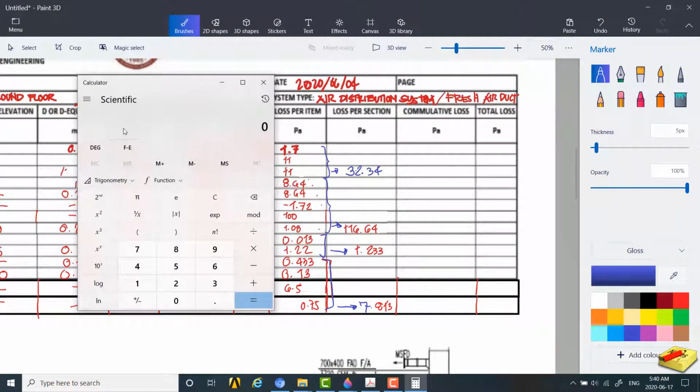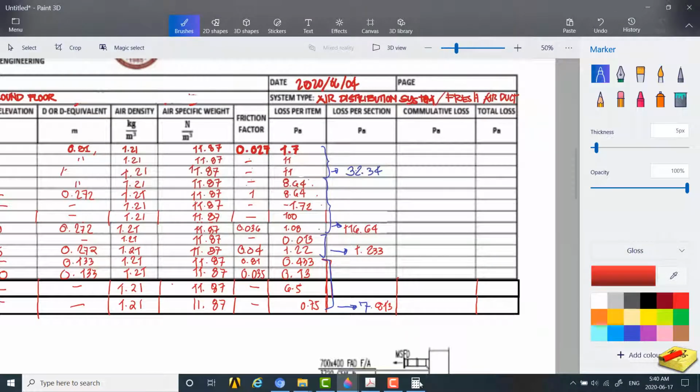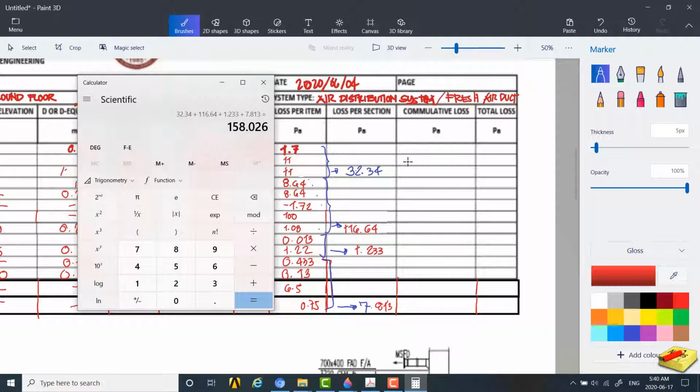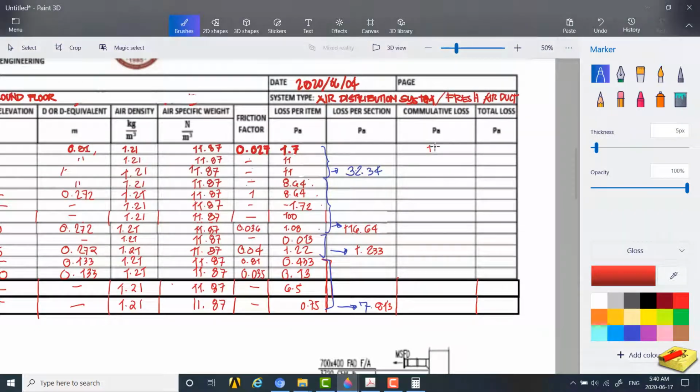So that will be the sum of 32.34 plus 116.64 plus 1.233 plus 7.813. So we have the value of 158.026.